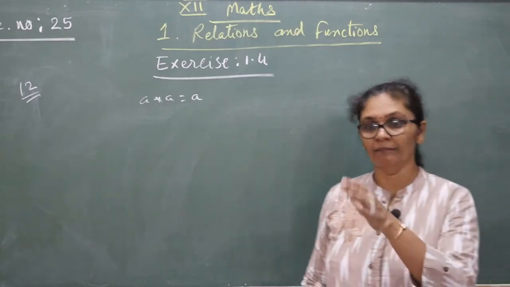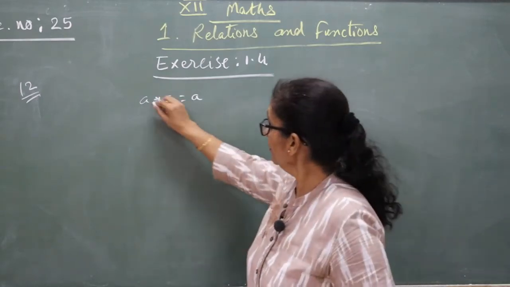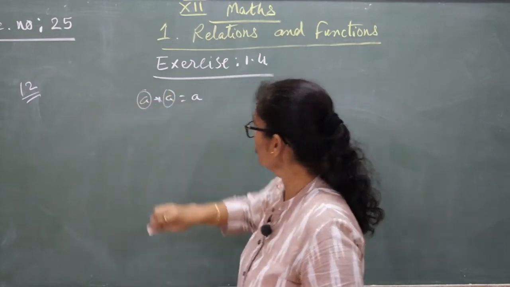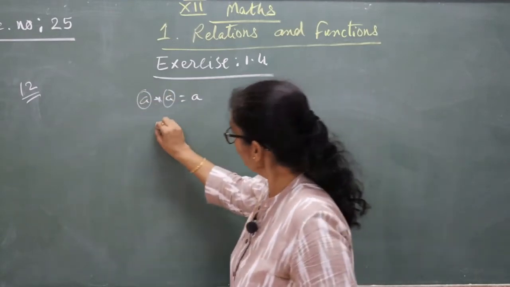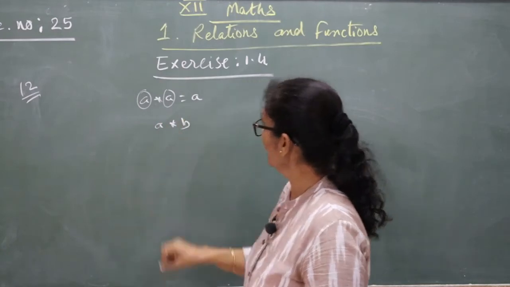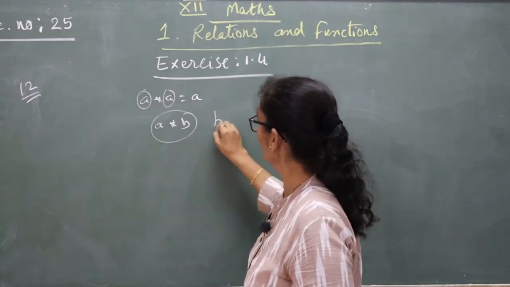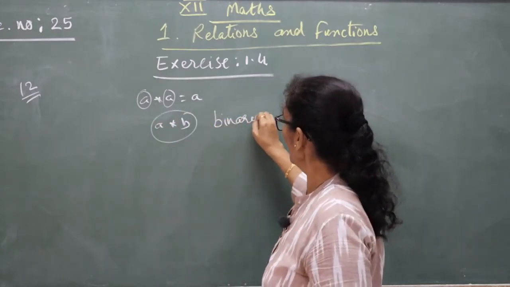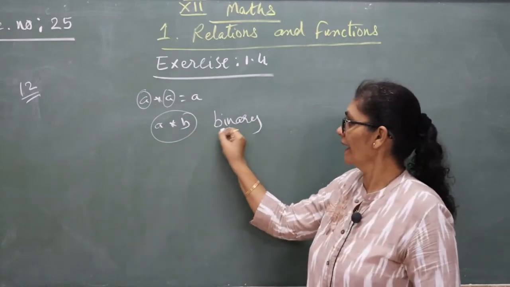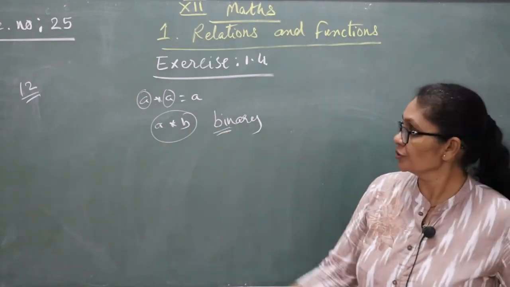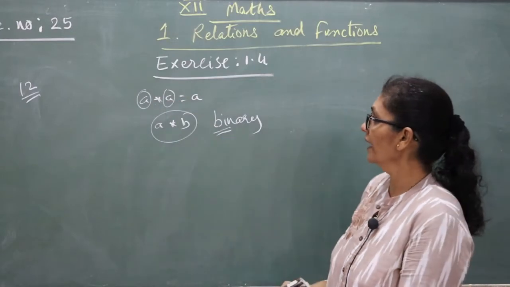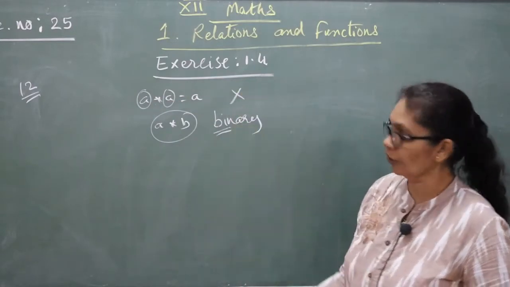Binary, bi means 2. So here we have mentioned this relation on the same term. If it is with A and B, then only you can say it is binary. Binary means 2 elements. We have given it with A and A, so this is not true.